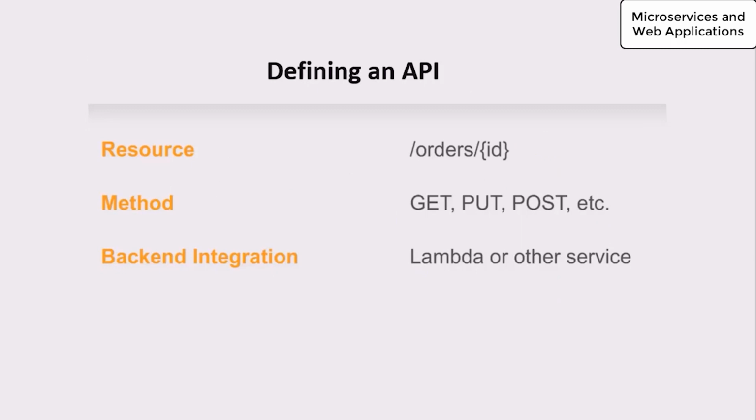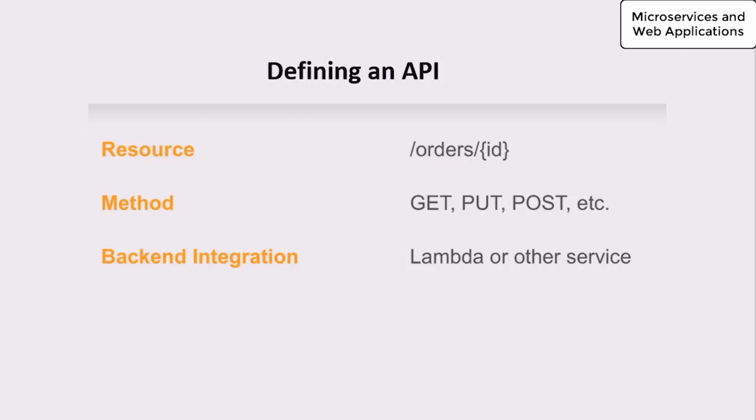Now, what defines the API? In an API, we can have at least three basic things. First, a resource that contains the order ID or something, which we'll discuss in the upcoming web application demo. Then the method, like what you want with that API.